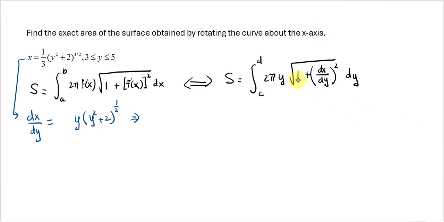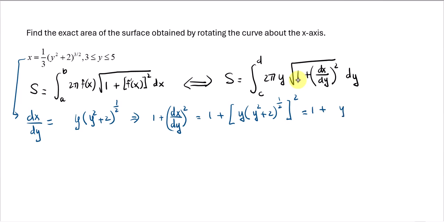So 1 plus dx/dy squared, that will be 1 plus, and then I have dx/dy, which is y times (y squared plus 2) to the 1/2 power, and then everything squared, and that will be y squared, and then I know that the square of the 1/2 will cancel the 1/2, so you get the first power, which is y squared plus 2 to the first power.